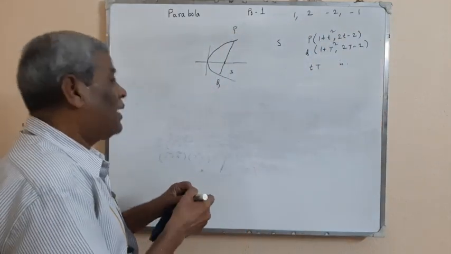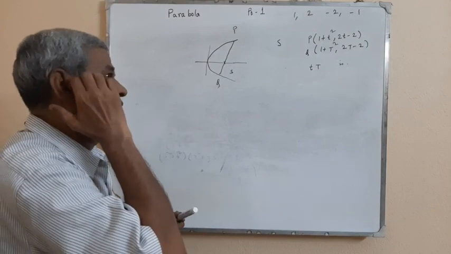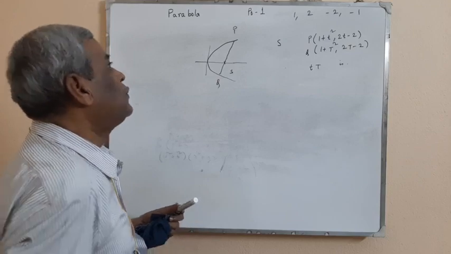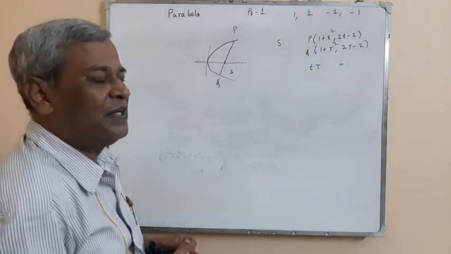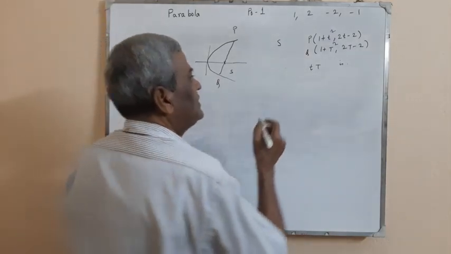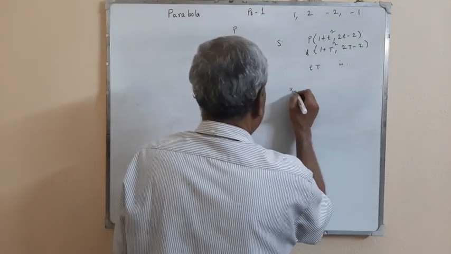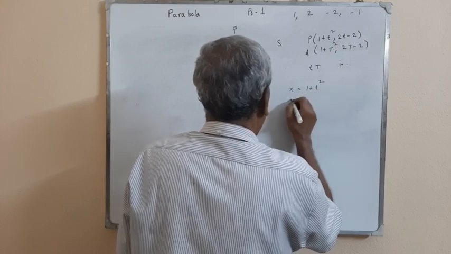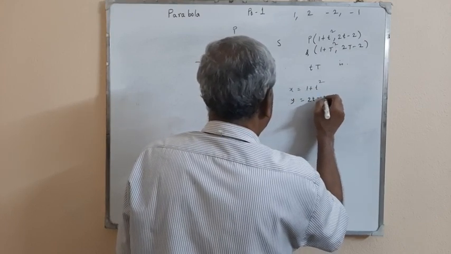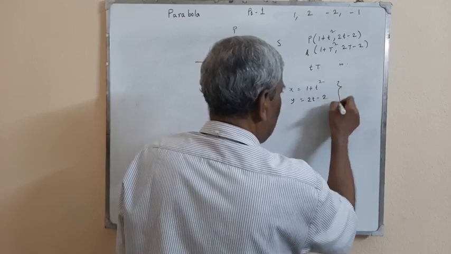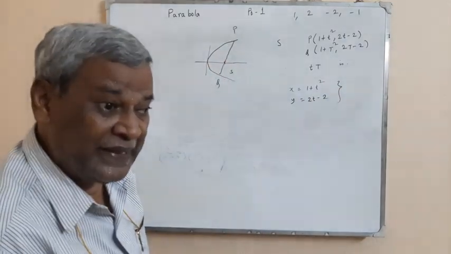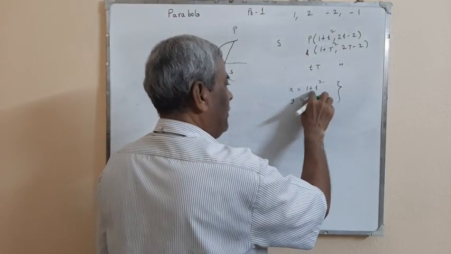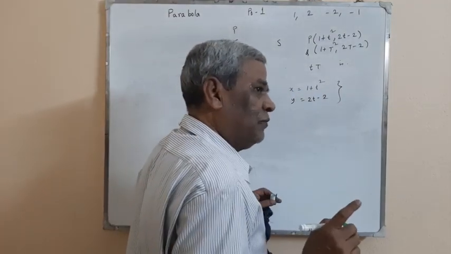So from the parametric coordinates, how do we obtain the equation of the parabola in Cartesian form? For that purpose, let us take x = 1 + t² and y = 2t − 2. If we eliminate the parameter t from these two, we get the Cartesian form.